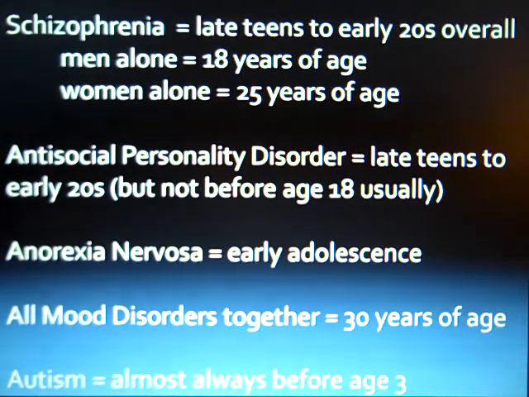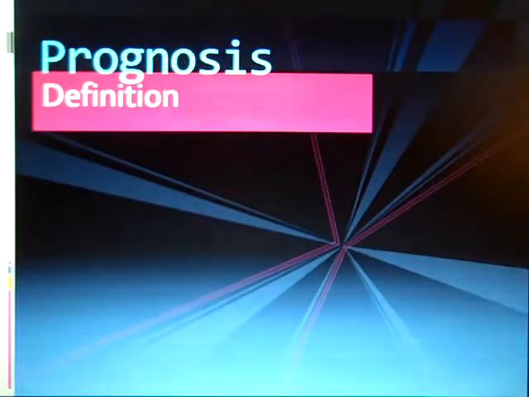All mood disorders taken together is about 30 years of age. Autism, which is a pervasive developmental disorder, it's almost always before the age of 3. Rarely, if ever, will you see autism begin in the teenage years or in your 20s. It just doesn't happen that way. So onset for different disorders is going to be different. So we're again talking about when the disorder begins.